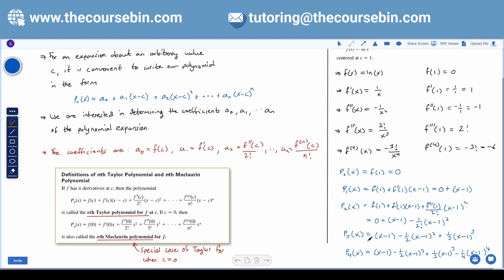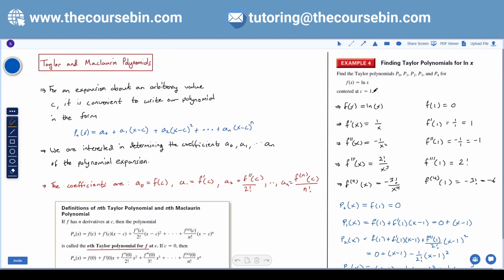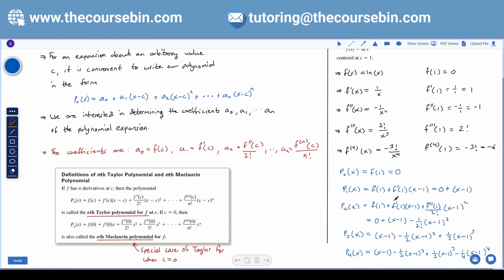So it'll be the exact same result except our c is equal to 0. So you're going to have to change all these derivatives, evaluate them at 0, right? And then plug them in here. And everywhere you have your x minus 1, you would write x minus 0, or you can just ignore the 0 altogether and just write x, right?